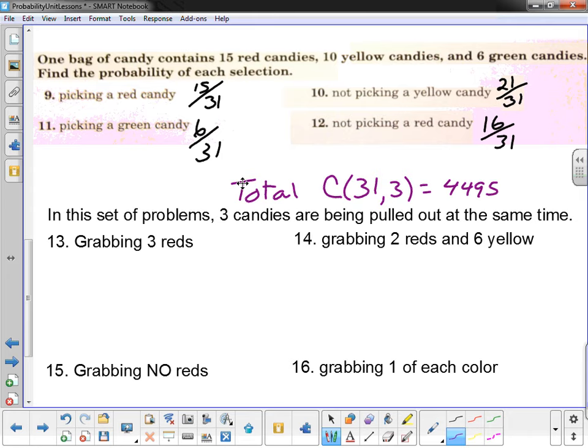So what's our probability of grabbing 3 reds only? We're going to look at the combination of pulling out 3 reds over the combination of all 31 taking 3, and we know the bottom is 4,495. So what do we get on the top? How many red candies do we have? We have 15. So let's change that to 15 taken 3 at a time. That's 455.